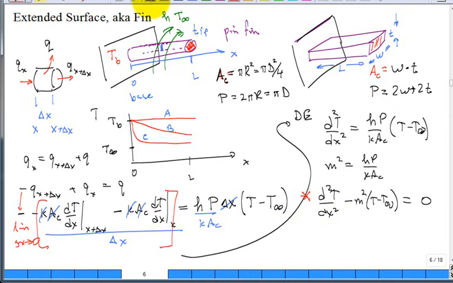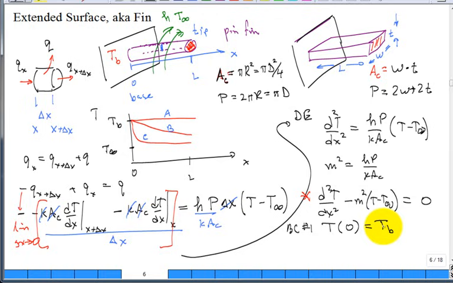Let's talk about the first boundary condition, number 1, which would be the temperature at the base at x equal to 0. Well, it's the specified temperature, T B. What about the other boundary condition? You could have 3 choices. Convection boundary condition off the tip, specified temperature boundary condition off the tip, or insulated tip.